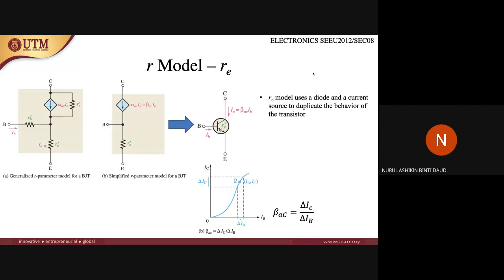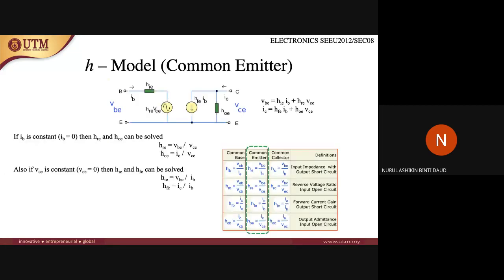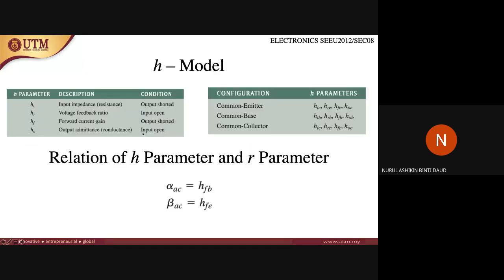That's why there are lots of subscripts here which refer to specific parts. For example, HIE refers to the input impedance at the emitter.